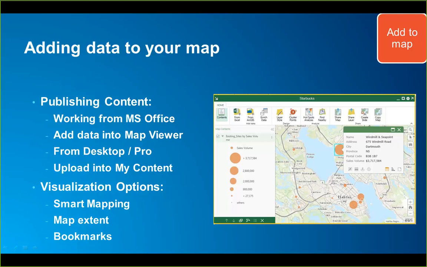Now, for any content that you add into ArcGIS Online, specifically into a map, you will be faced with some of the following visualization options. The first one relates to setting symbology and any classification that could better explain or better visualize your data. There are new smart mapping capabilities that we've been talking about for a while and posting about on our higher ed listserv that you can take advantage of.